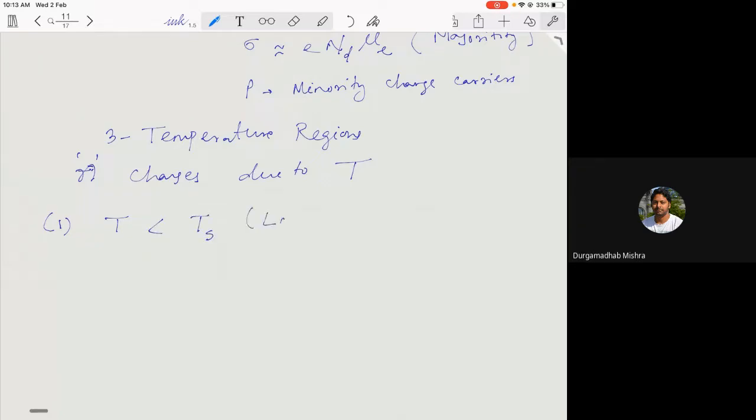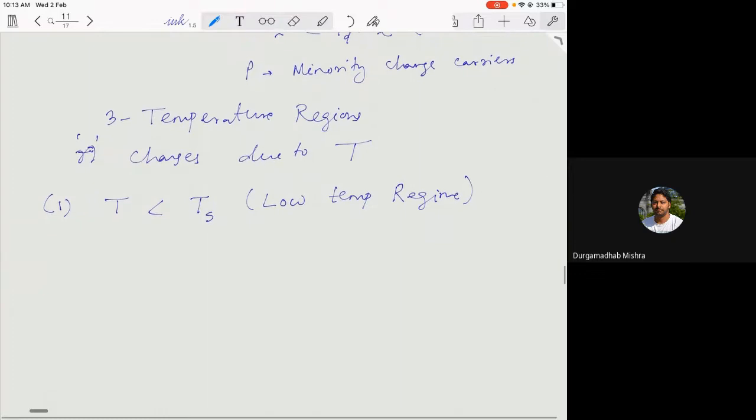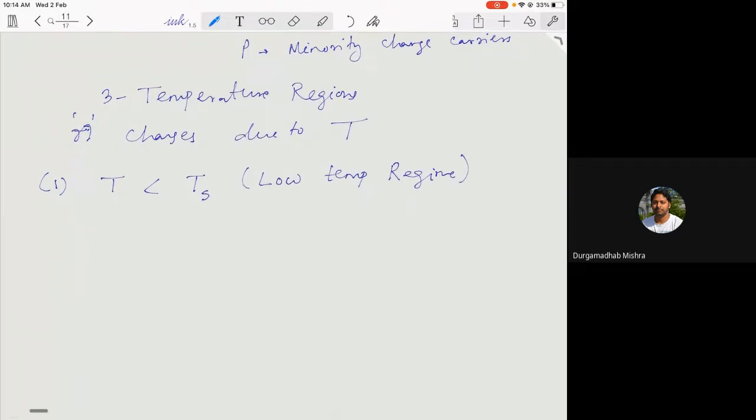We call it the low temperature regime or low temperature range. And what happens when you are at low temperature? Most likely the average thermal energy is less. That means the ionization of the dopants will be low. So you will not be able to ionize all the dopants, and therefore the number of electrons will not be that large in the conduction band.